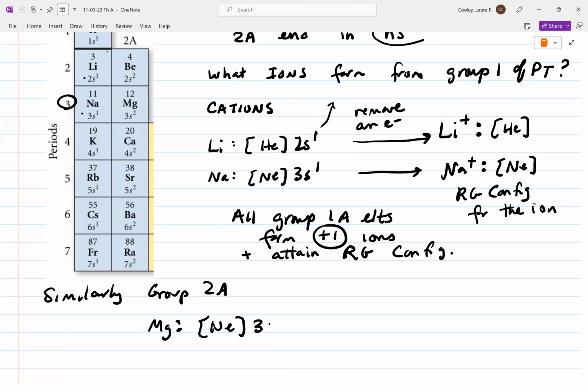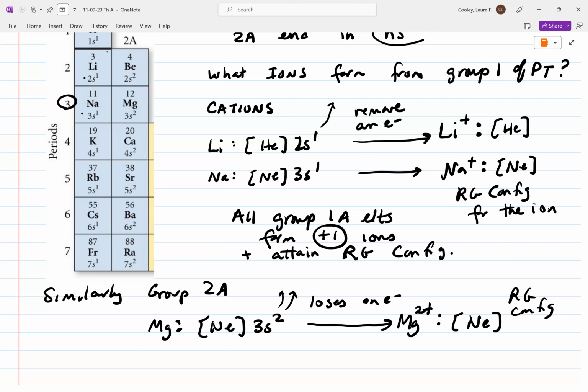So it's neon 3s2. When it loses an electron, it forms magnesium 2+. So both of these electrons have been taken away. And it's just neon. It's the rare gas configuration.